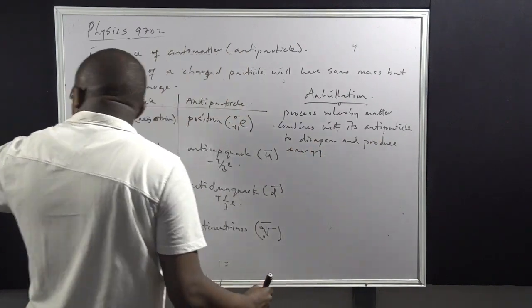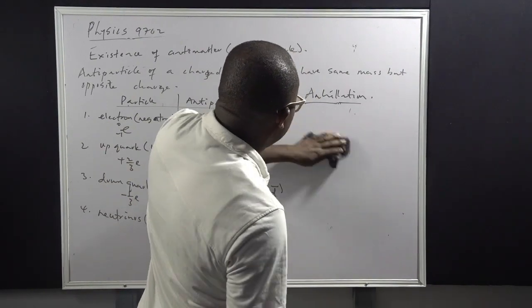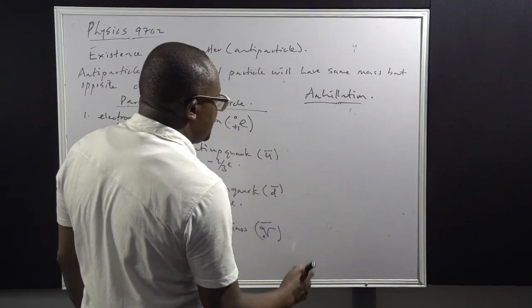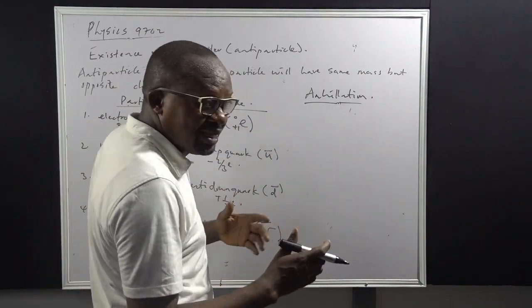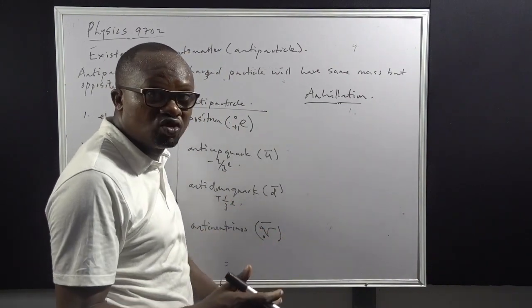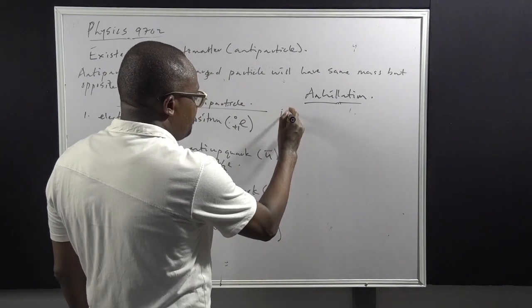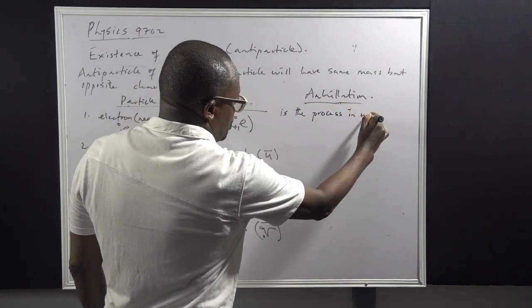So annihilation is a process whereby a particle combines with its antiparticle, to disappear to produce what? Energy.